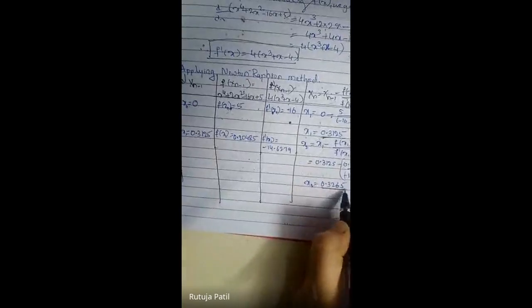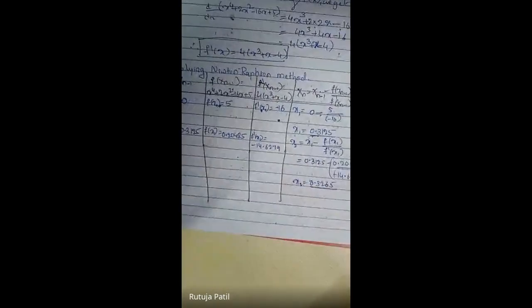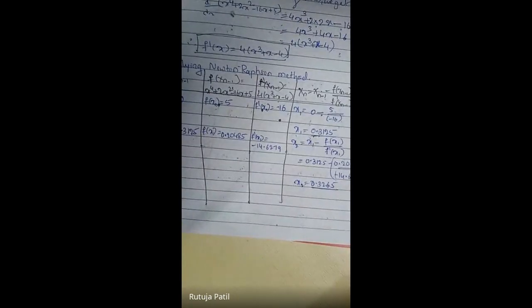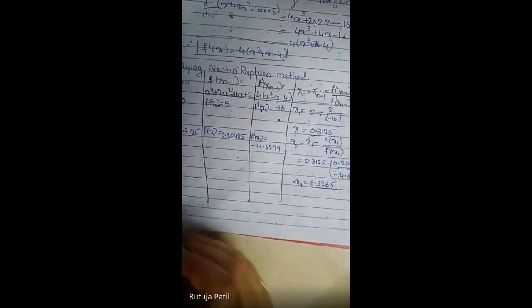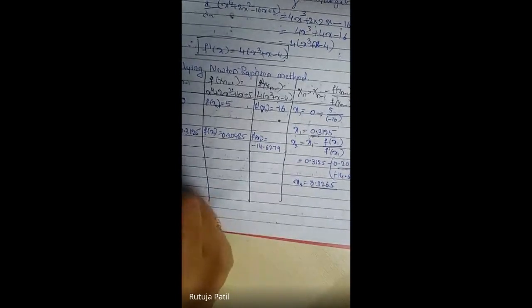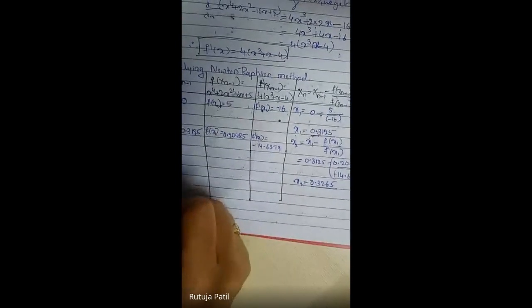Here we have 0.3125, here we have 0.3265. Only one digit after the decimal point is the same. It's not over, still we have to carry out this because still we have not got the correct answer after decimal points, right? So for the third iteration, what is the value of x2 I have got?